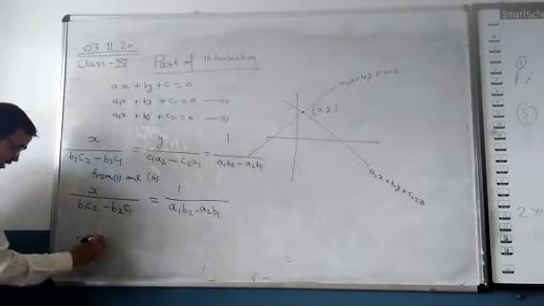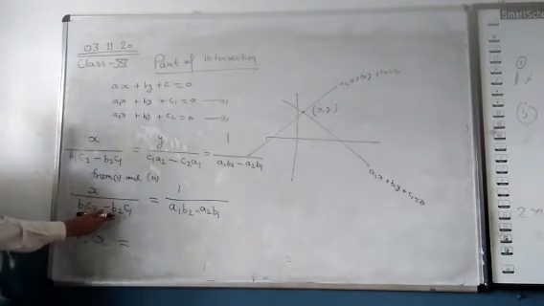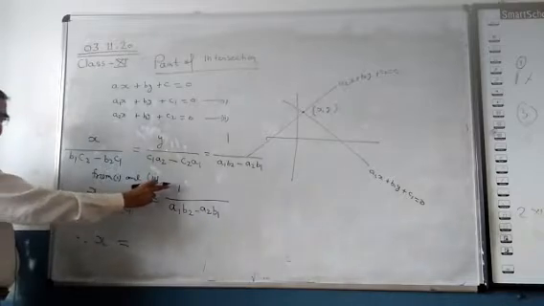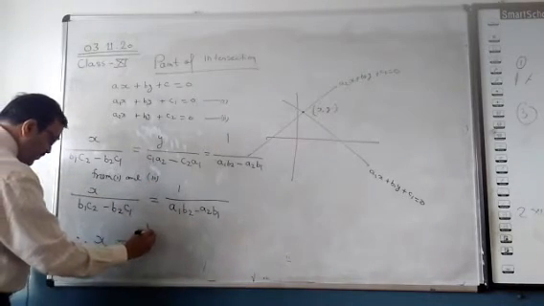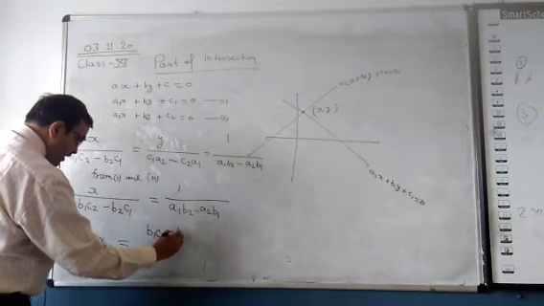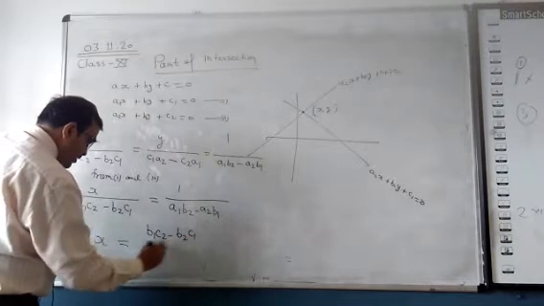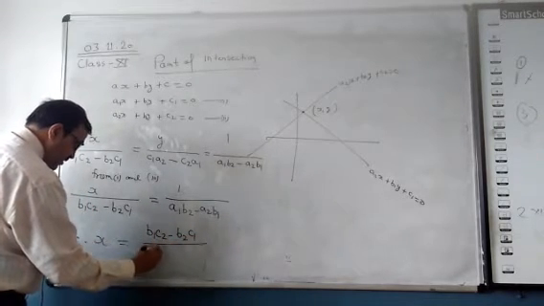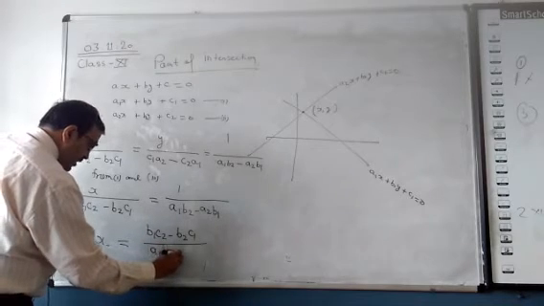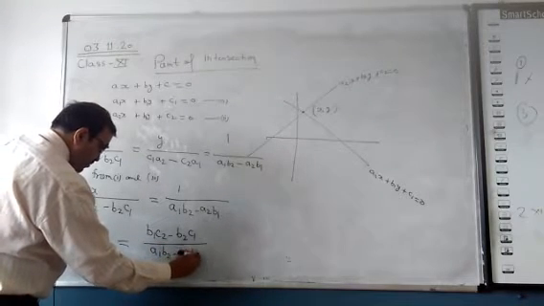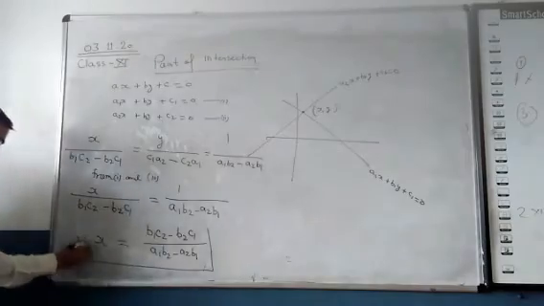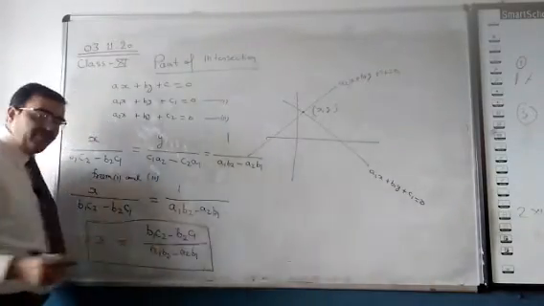Therefore the x coordinate is equal to, by cross multiplying, b1 c2 minus b2 c1 divided by a1 b2 minus a2 b1. This is the x coordinate of the point of intersection.